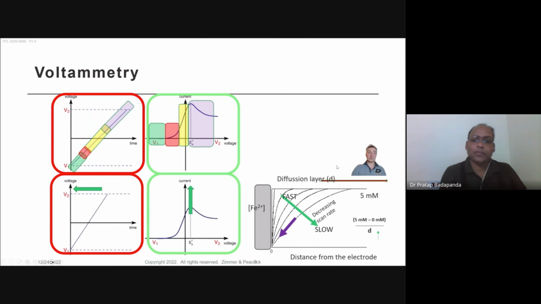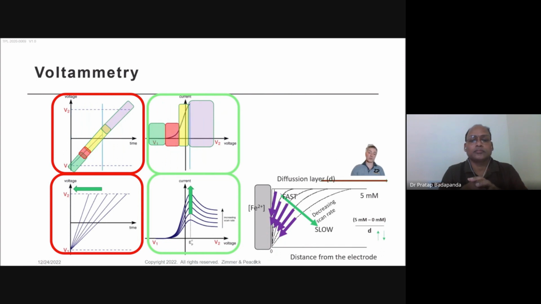And if the diffusion layer is small, i.e. you scan very fast, then the denominator makes that number quite big. So peak height is a reflection of these gradients, and these gradients get steeper the faster you scan, and that's what's driving this link between peak height and scan rate.